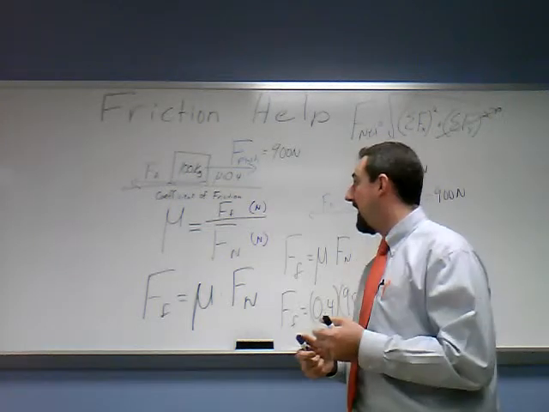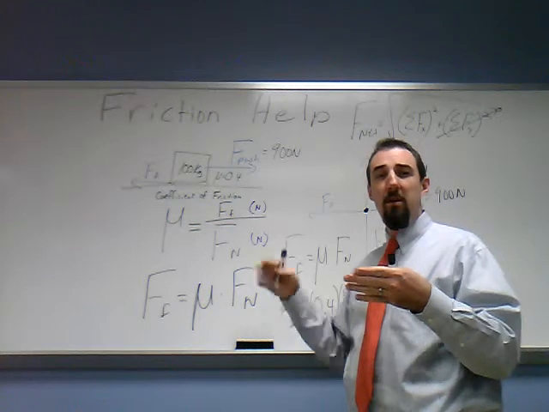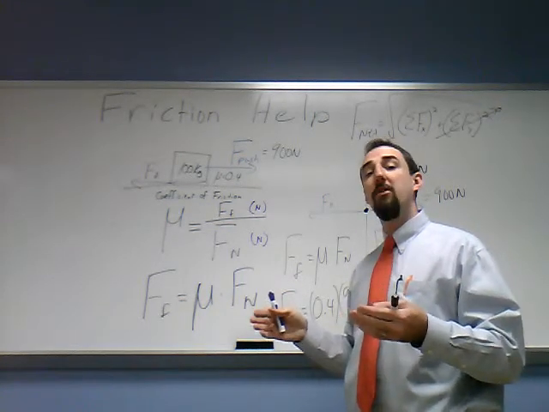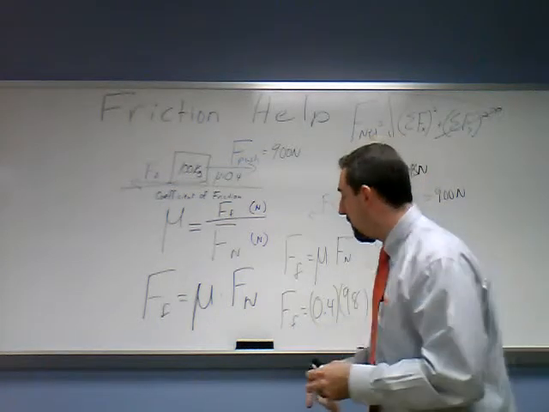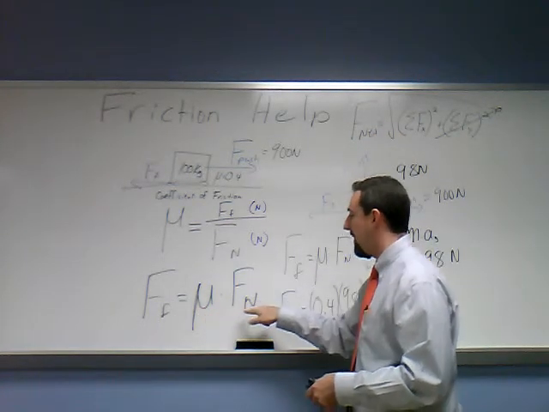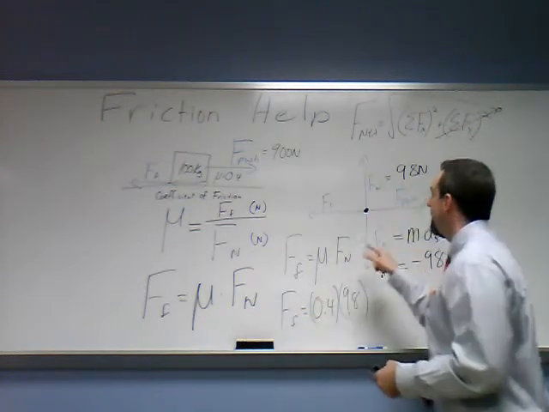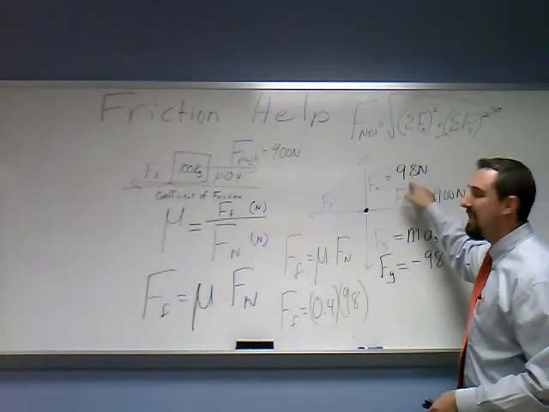Second thing is that it's typically a number somewhere between 0 and 1. If you were to have a coefficient of friction above 1, say 3, what that would say is that friction is 3 times greater than normal force. So if you think about it in this scenario, normal force is 98 newtons.